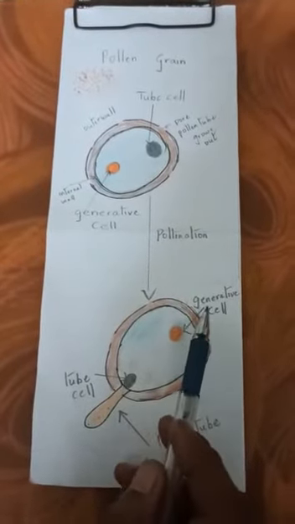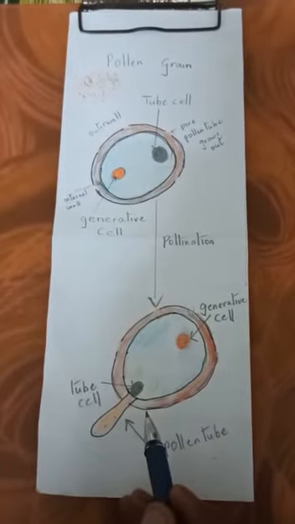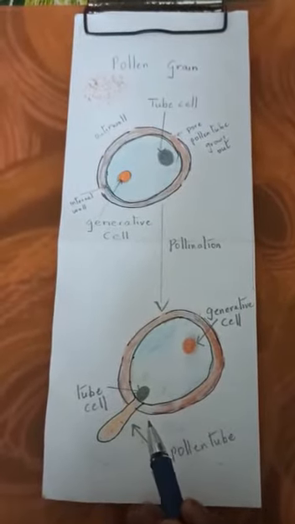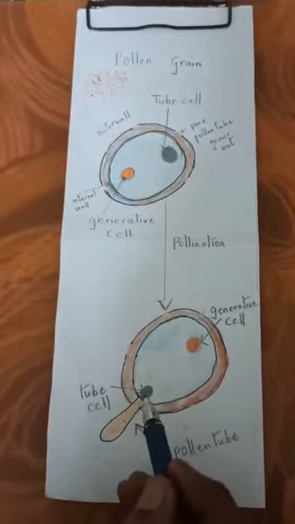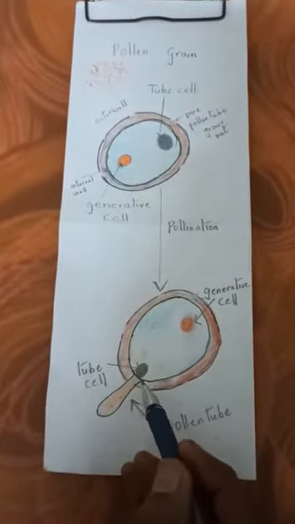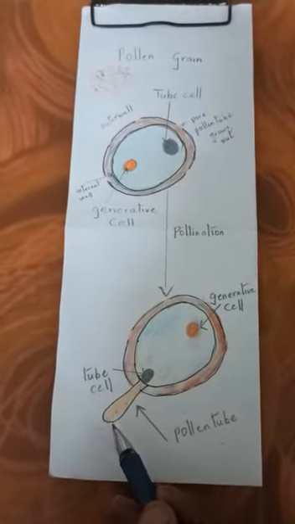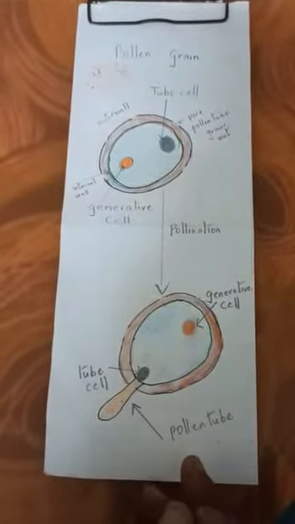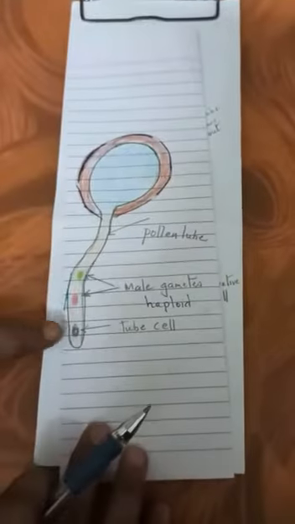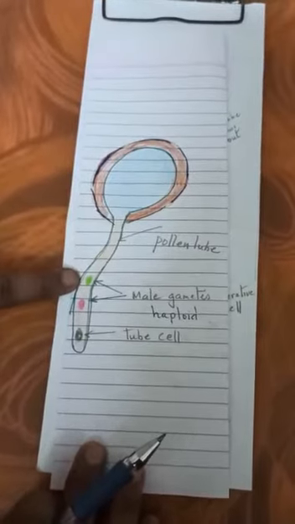Also for the generative cell to divide into two haploid male gametes, all the nourishment is supplied by the tube cell. So it follows the path. It's right in the front like this, and followed by the two haploid male gametes.